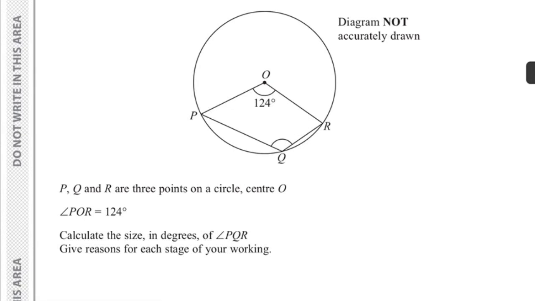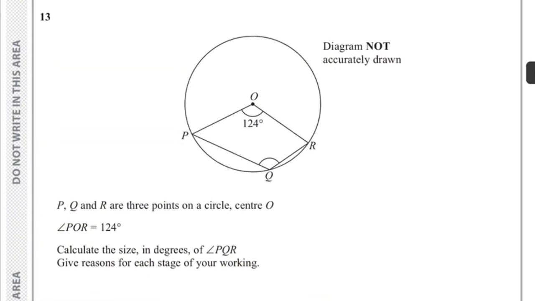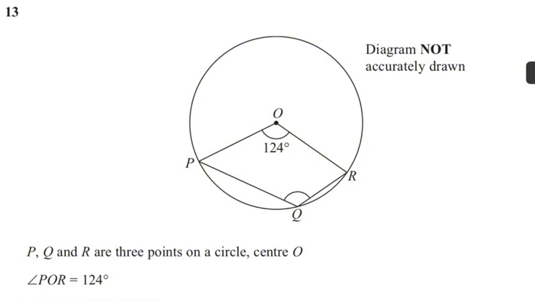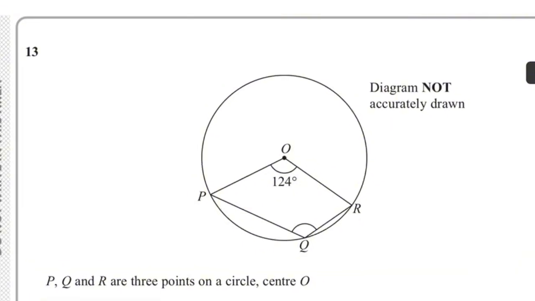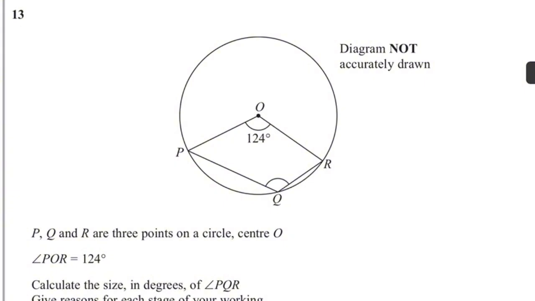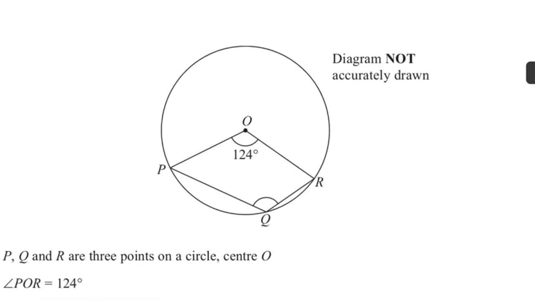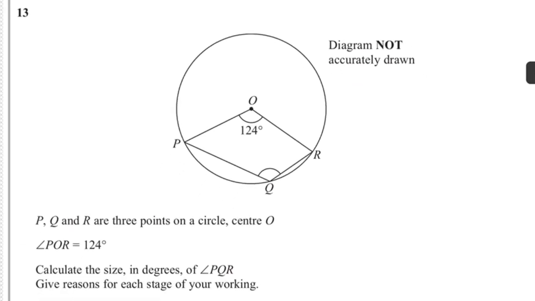Alright. By the way I'm seeing it, a lot of students would immediately do 124 divided by 2, saying the angle at the circumference will be half the angle at center, but this is not the case actually, because that gives the angle on the other side of the chord. Since Q lies on the small arc between P and R, the angle at Q is looking at the large arc.